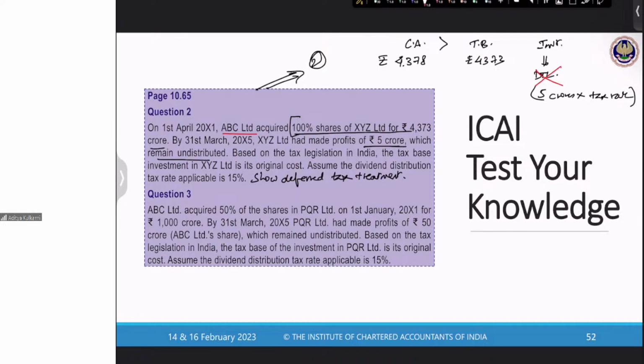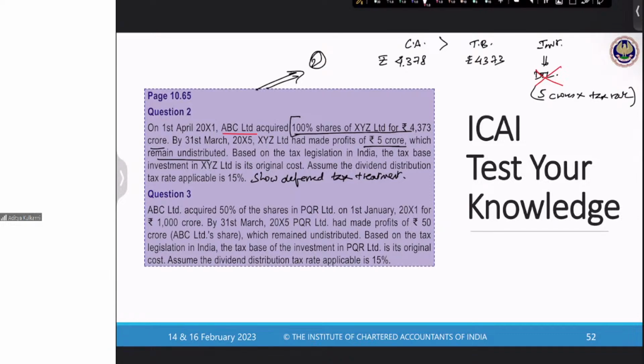And because of that, will I recognize the DTL? Answer is no, it's not needed, because in this case, ABC Limited has the power over the dividend policy of XYZ Limited. And that is why there is not going to be any DTL impact on account of this temporary difference of 5 crore. Is it okay? Have you understood?